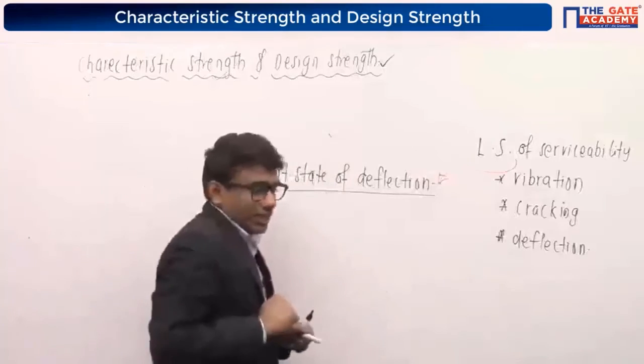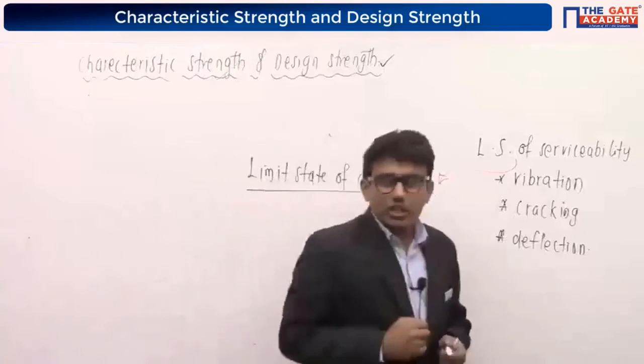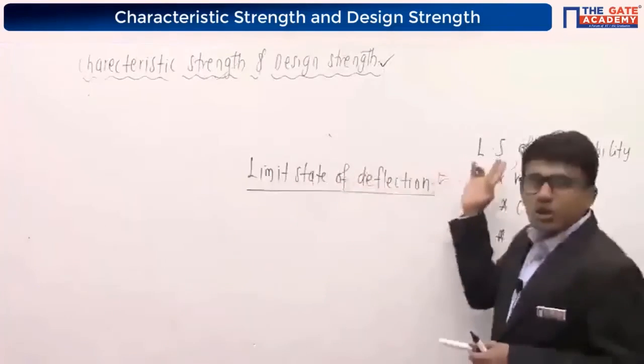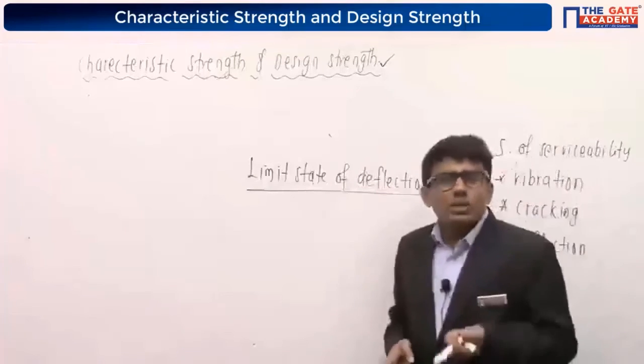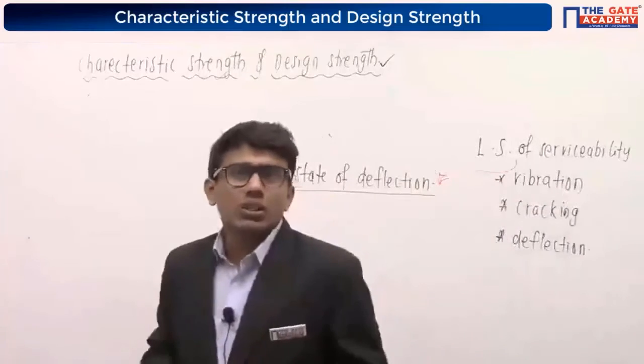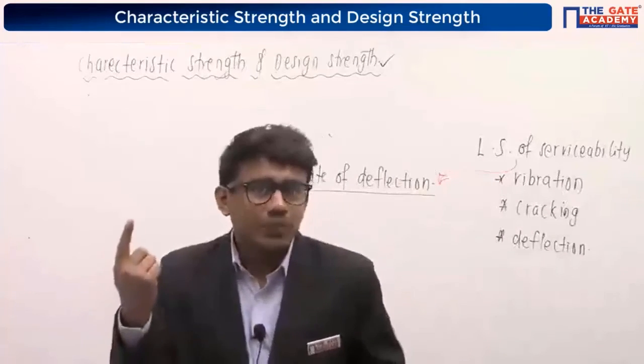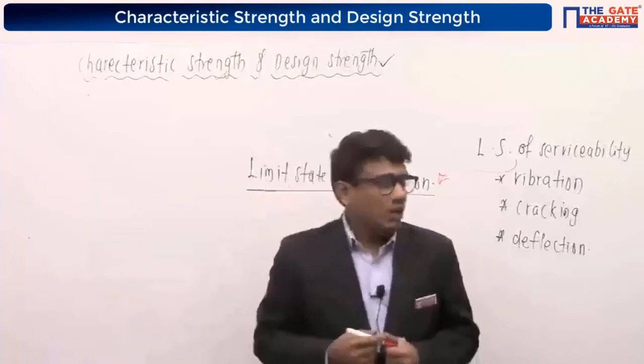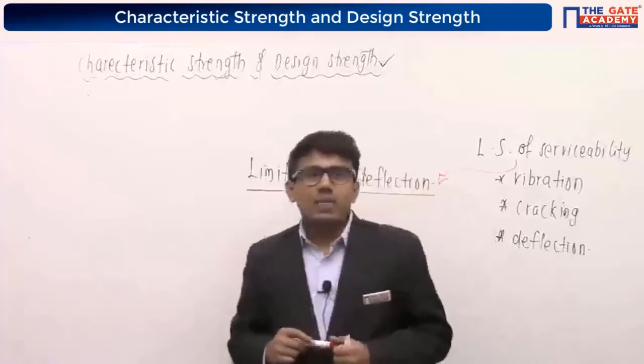So if it is given in the question as limit state of deflection, which comes under limit state of serviceability, we are going to consider the partial safety factor as per limit state of serviceability. The answer here will be 1. Option C will be the correct answer.